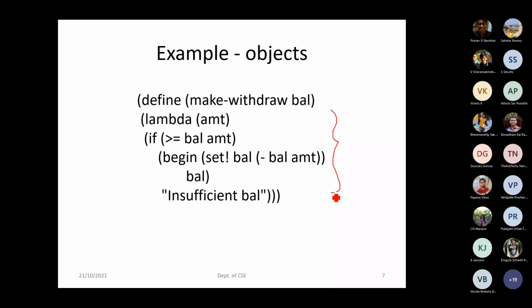Now how do we call the objects? That is, how do we call your procedures? If I call make-withdraw, I'll just write it as MW. If I call make-withdraw with 1000, what happens?